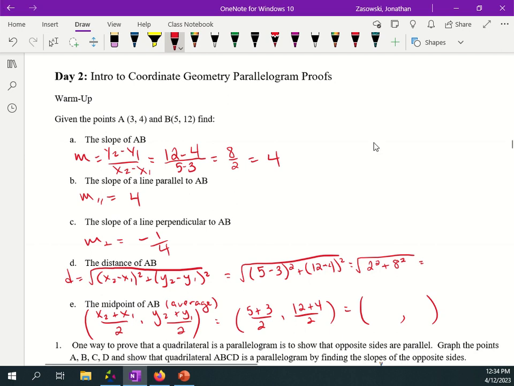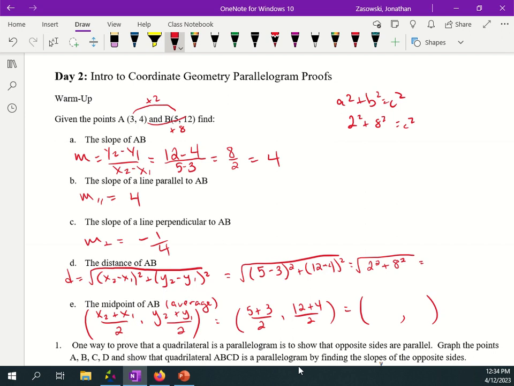Next, we did the distance formula. So if you do your distance, x2 minus x1 squared, y2 minus y1 squared. If you wanted to think about the change here as being 2 and 8, you could also just do the Pythagorean theorem with the 2 and the 8, and you'll get the same answer as the distance, okay?